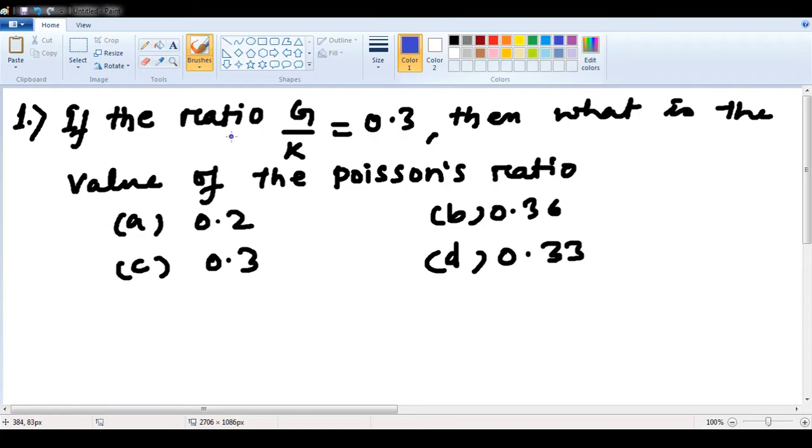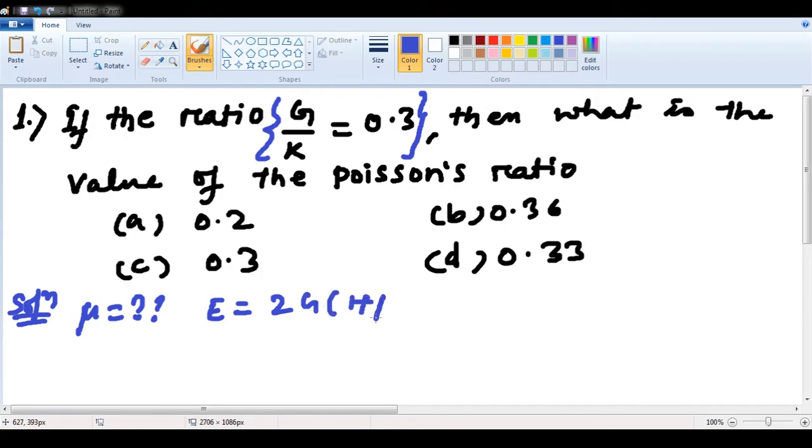So what we need to find here is Poisson ratio. Now here what is given is G by K is equal to 0.3. Clear? So how can you do this? Whenever there is a discussion of G and K, three things come to mind, right? One is E is equal to 2G(1 plus mu), which we have derived in our last class.